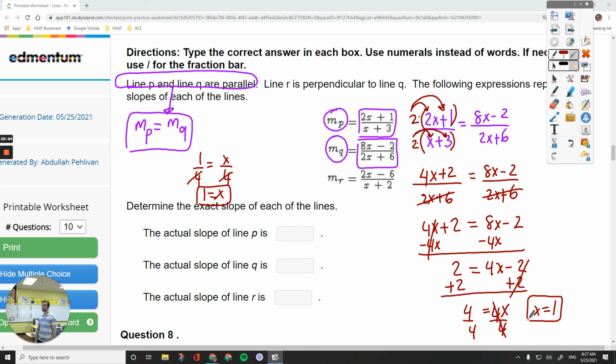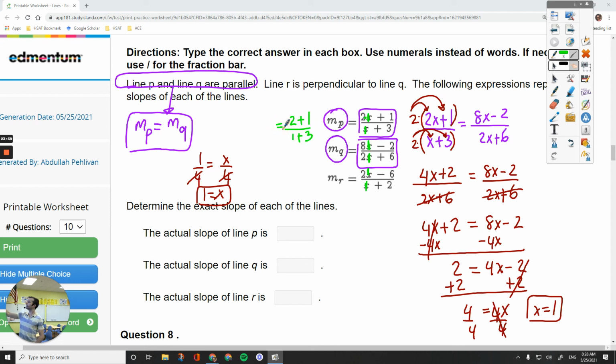So it says determine the exact slope of each line. Once you have this, you don't need to do anything else. Plug it in: plug in 1 for x everywhere. For P, the first fraction becomes 2 times 1, that's 2, plus 1 divided by 1 plus 3.